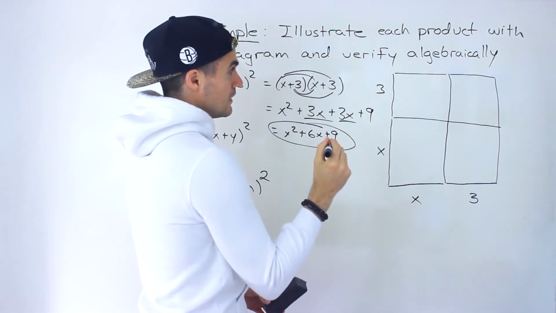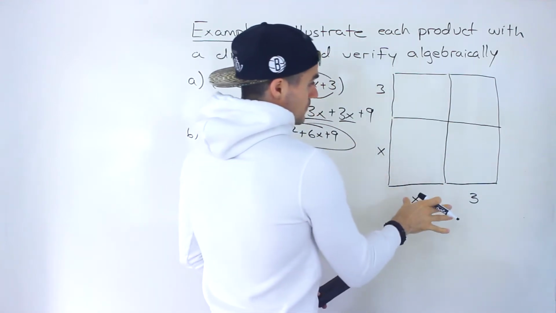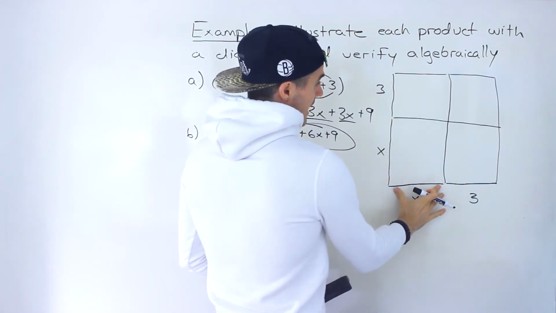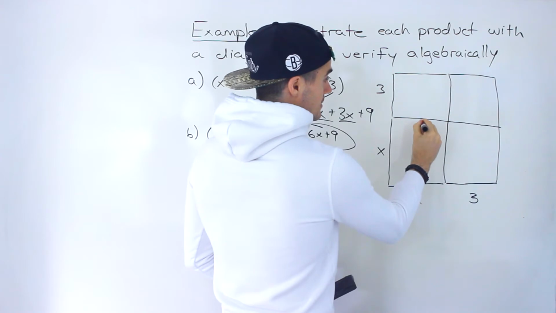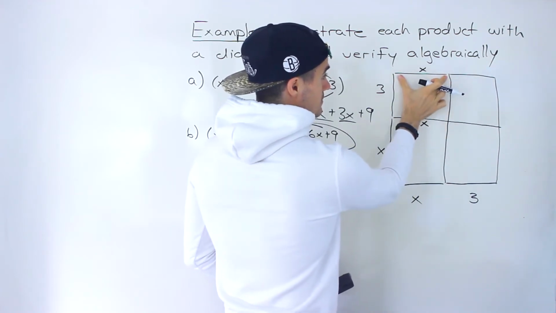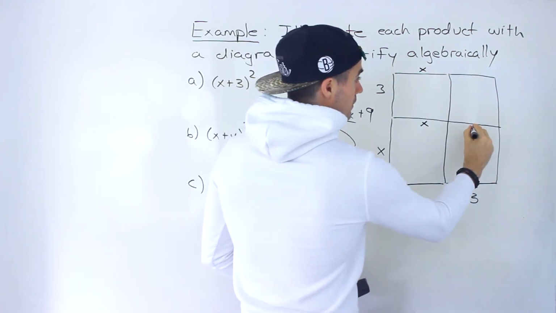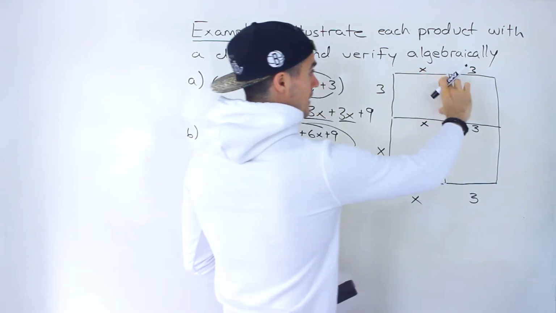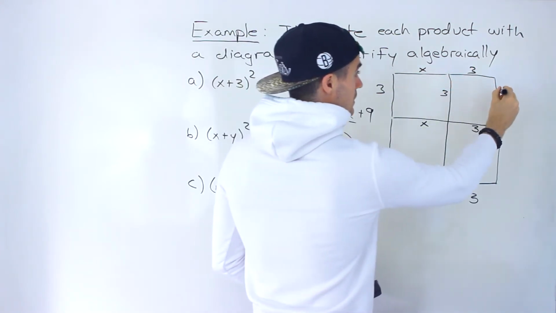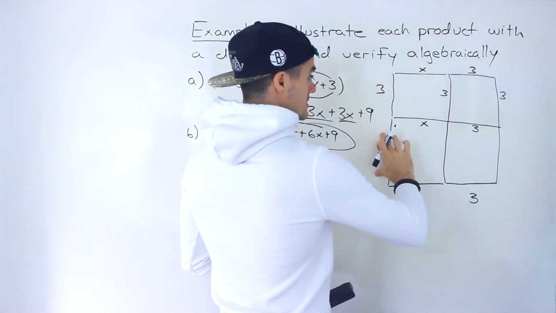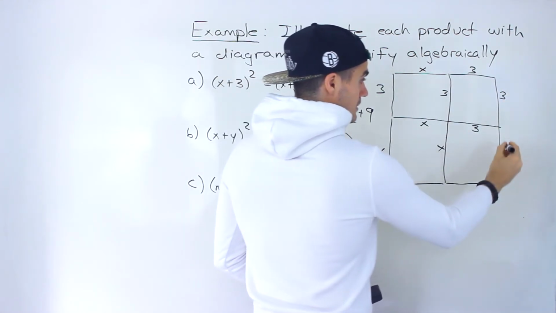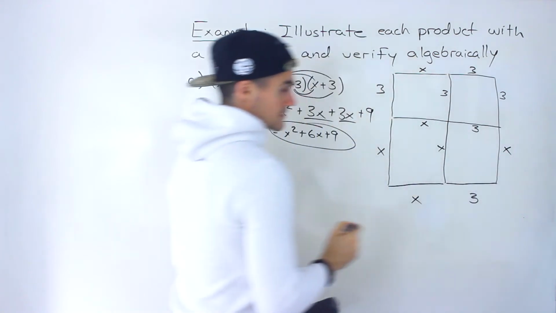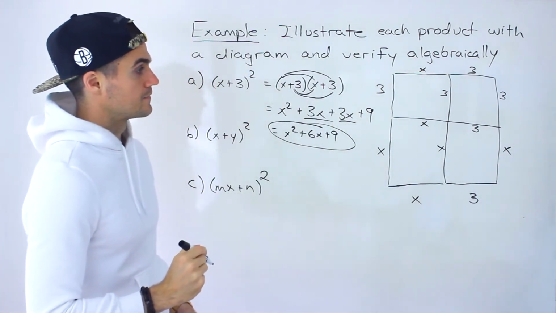From here we want to label a little bit more. If this is x here, that means this is x, and this is x right here. If this is 3, then this is 3, and this is 3 up here. This is 3, this is x, that means this is x, and that's x as well.